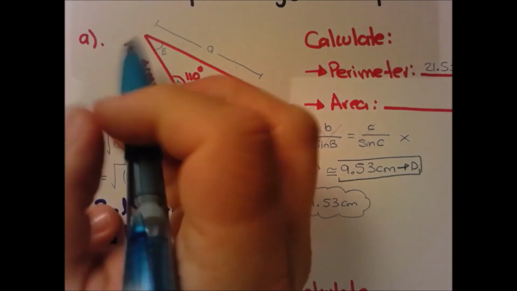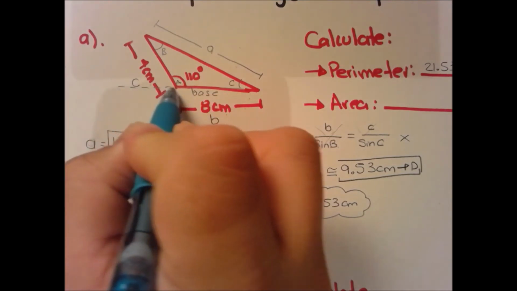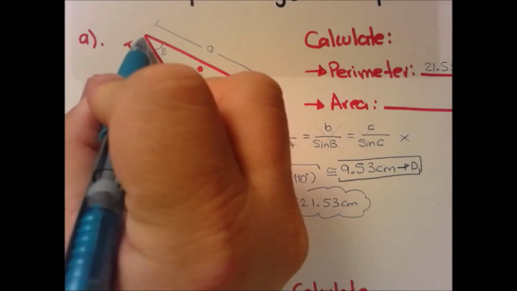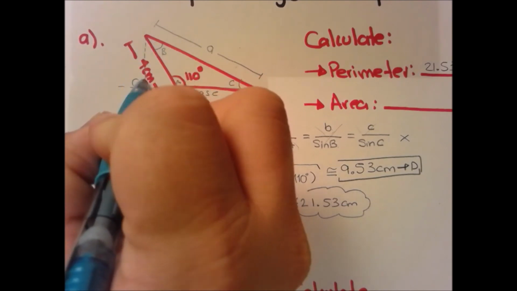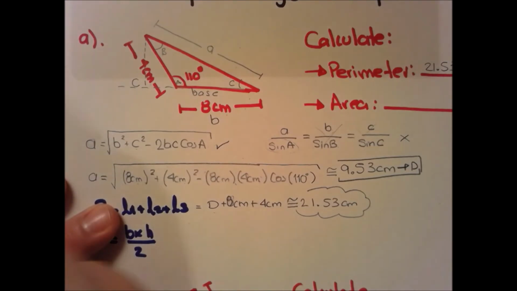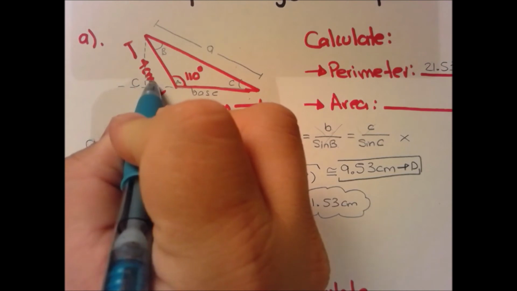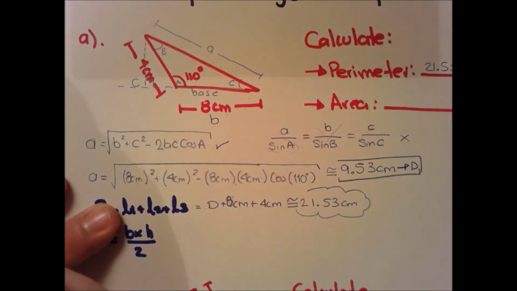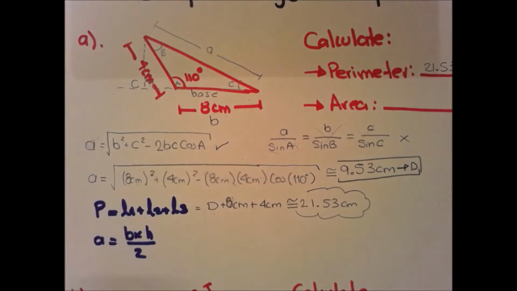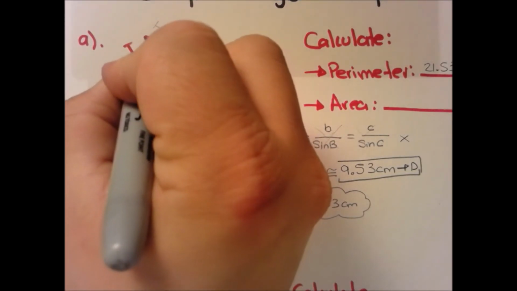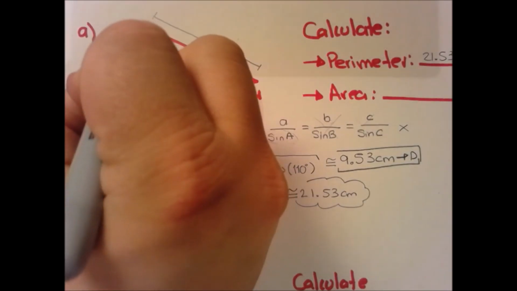So if we extend the baseline like that, and we make a line of 90 degrees, I mean a perpendicular line, look at this, we are going to form 90 degrees, and it means that this line, I'm going to put it in another color, this one is going to be the height.